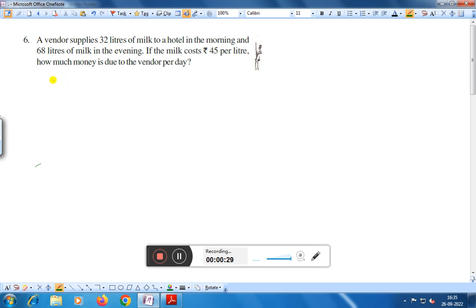First of all, total milk the vendor supplies.